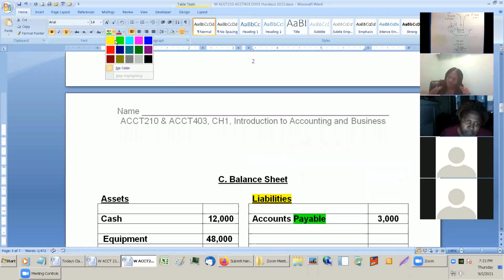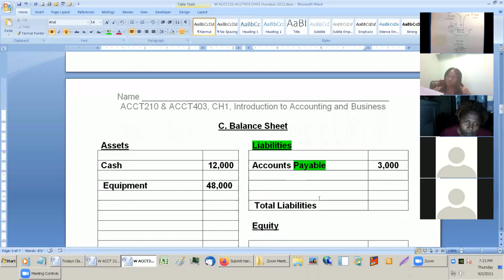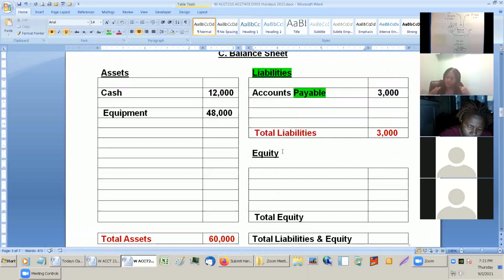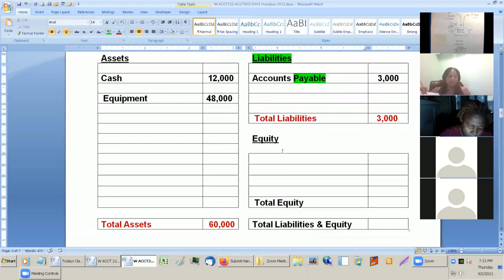Total liabilities are going to be 3,000. If you only have one liability, you probably don't need to do the total. But equity, common stock. Okay, so we owe 3,000.